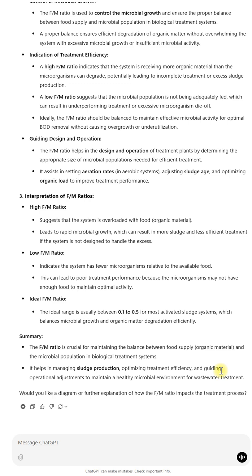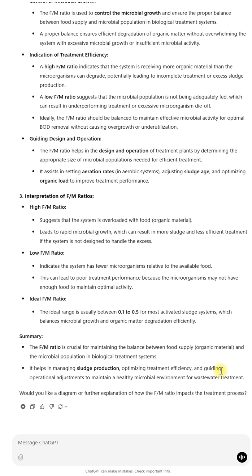3. Interpretation of F/M ratios. A high F/M ratio suggests that the system is overloaded with food, organic material, which leads to rapid microbial growth, which can result in more sludge and less efficient treatment if the system is not designed to handle the excess. A low F/M ratio indicates the system has fewer microorganisms relative to the available food.